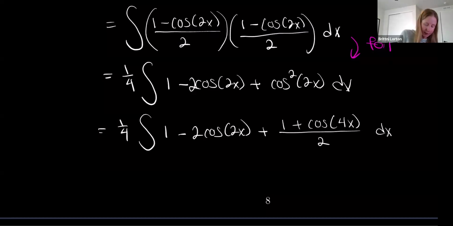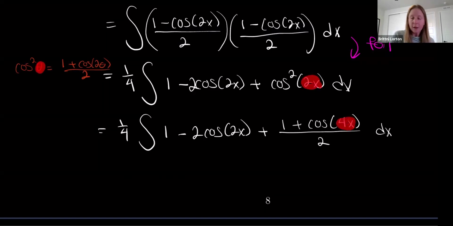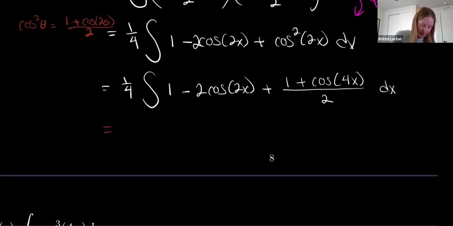I'm going to write that down over here to the side because cosine squared of theta is (1 plus cosine of 2 theta) divided by 2. So if there was a 2x in the argument of that cosine squared, it became a 4x in the argument of that cosine. And then I can simplify from there.